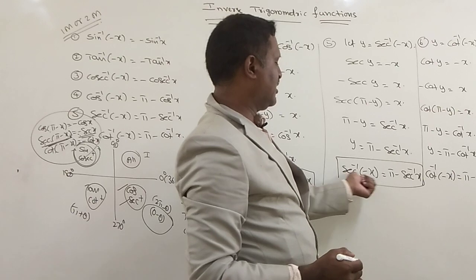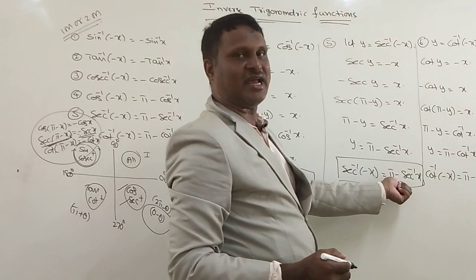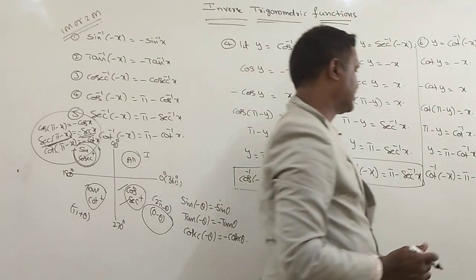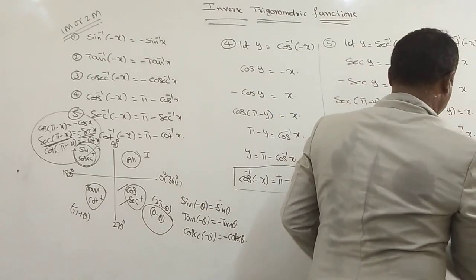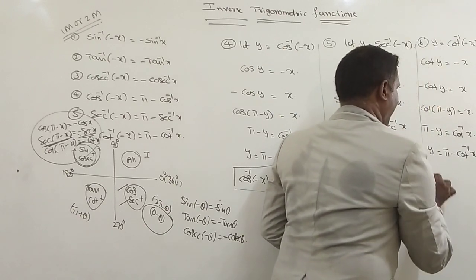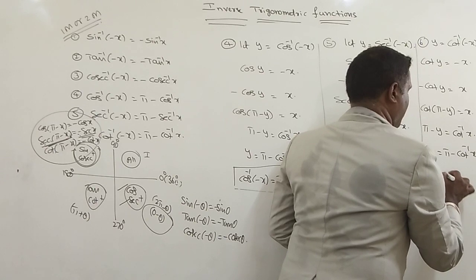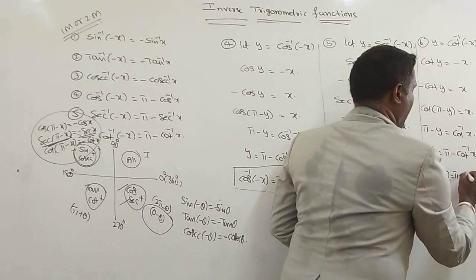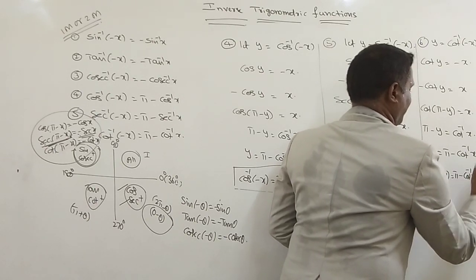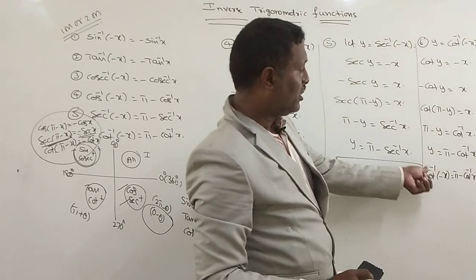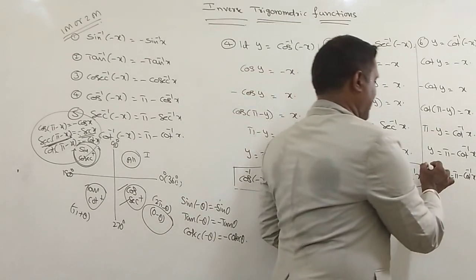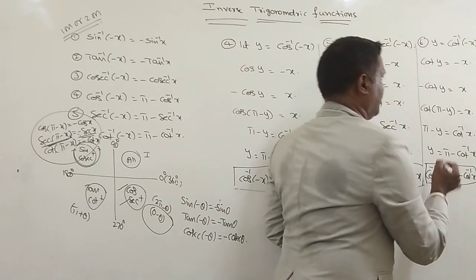Secant inverse of minus x we can write as pi minus secant inverse x. And the last one, cot inverse of minus x equals pi minus cot inverse x.